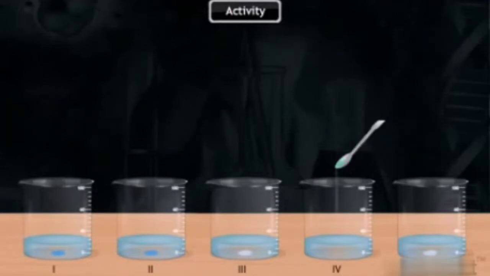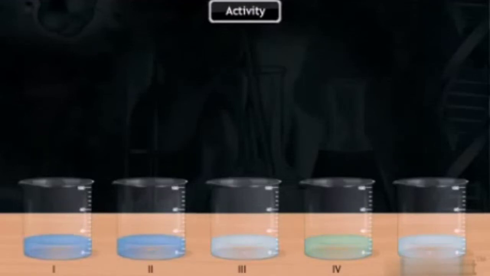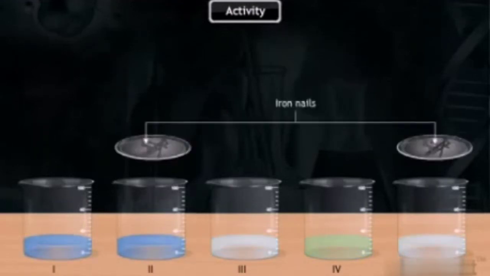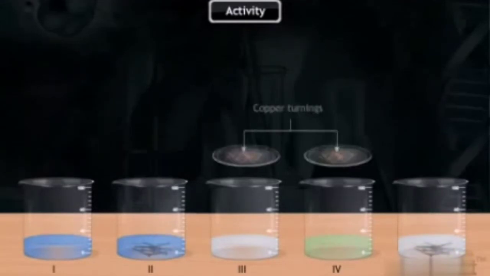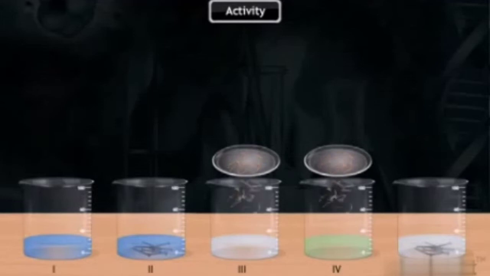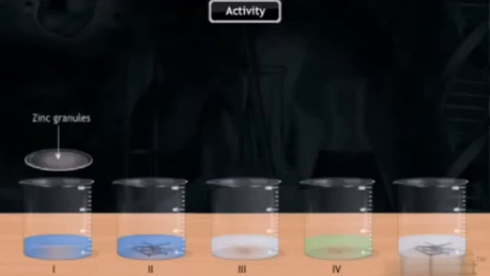Now add some iron nails in beaker 2 and 5, copper turnings in beaker 3 and 4, and zinc granules in beaker 1.